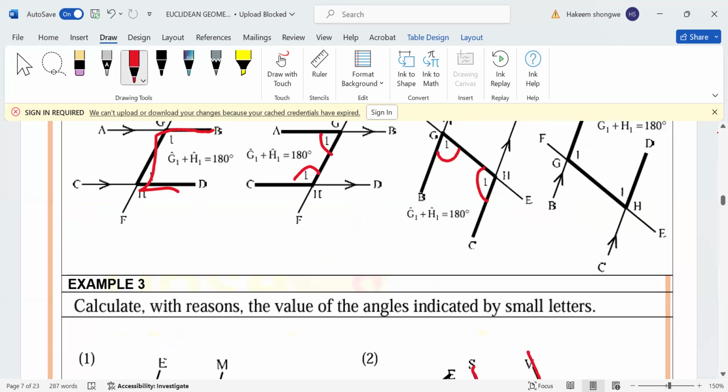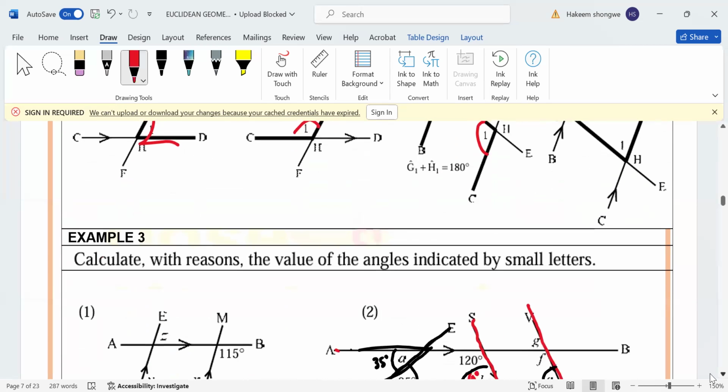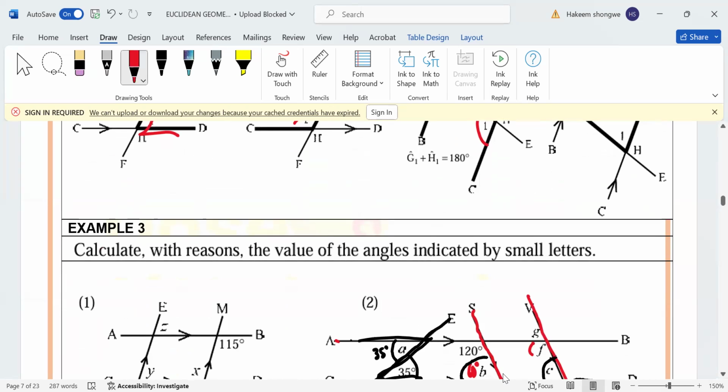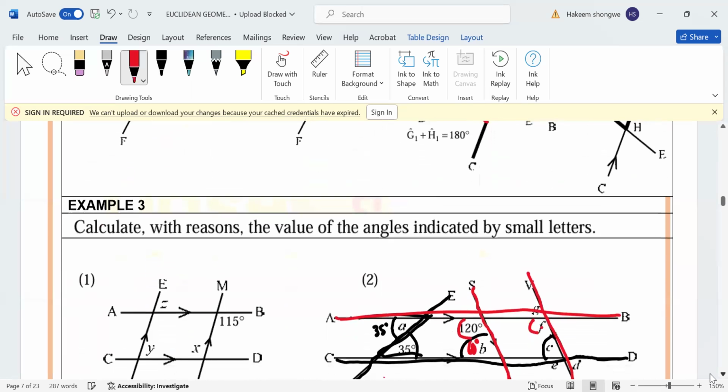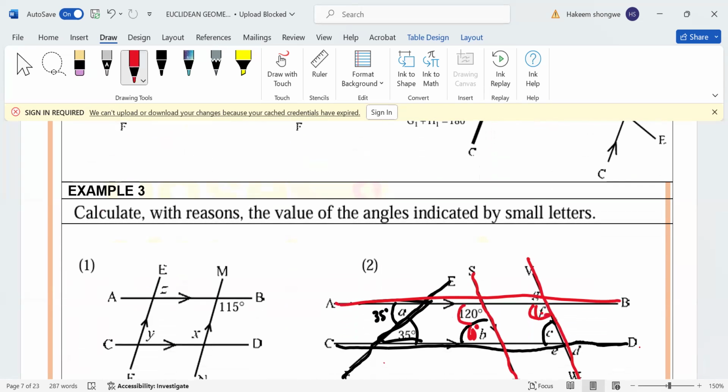Can we get another one? We can also look at F. You can see F. It goes with 120. There's a transversal here. They are both on the same side of the transversal, and then they are both above the parallel lines. Since both of them are above the parallel lines, what are we going to say about these two? They are also corresponding.